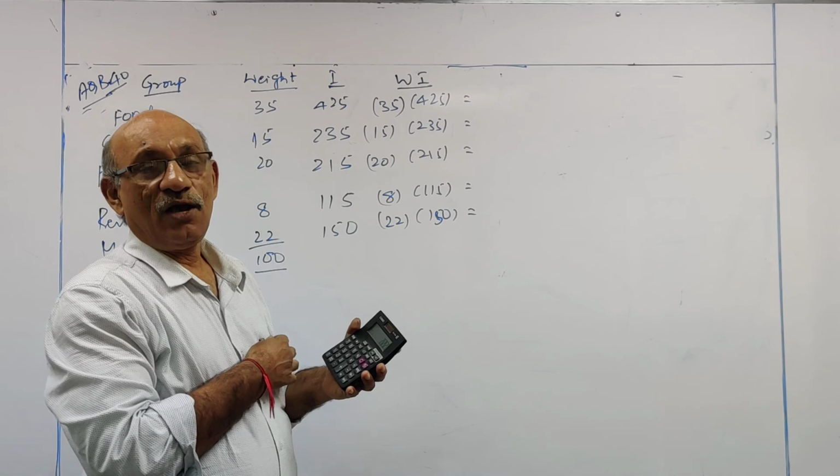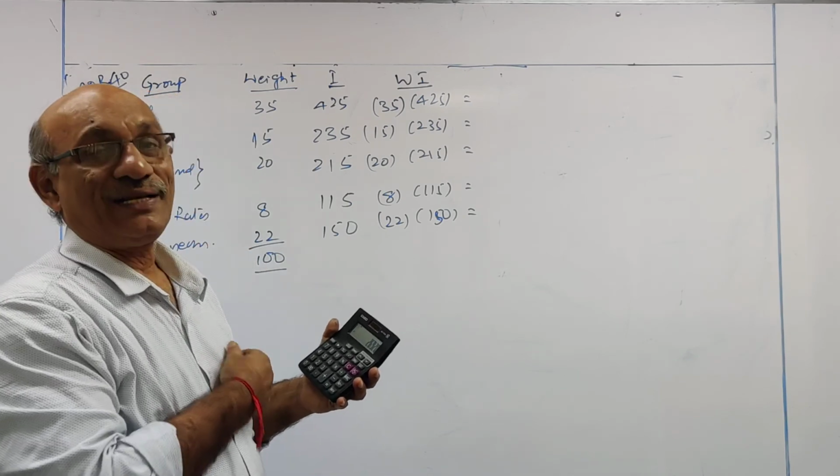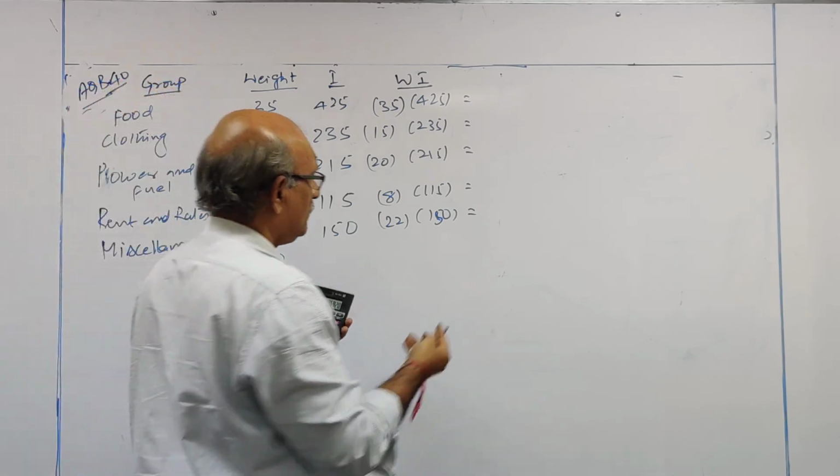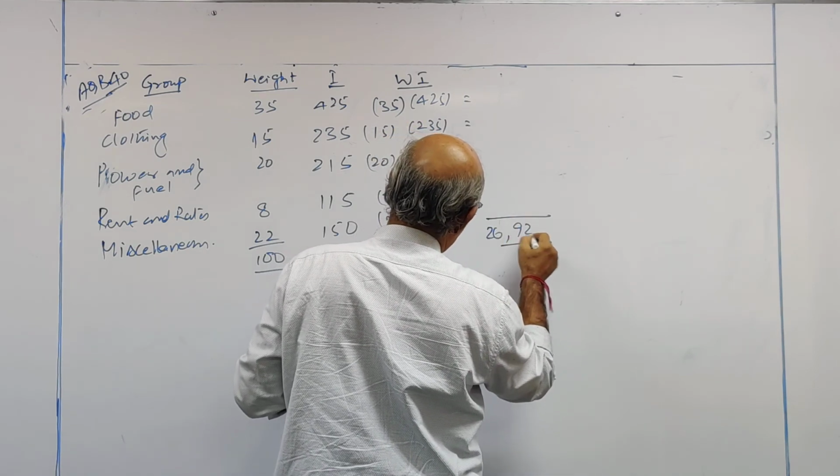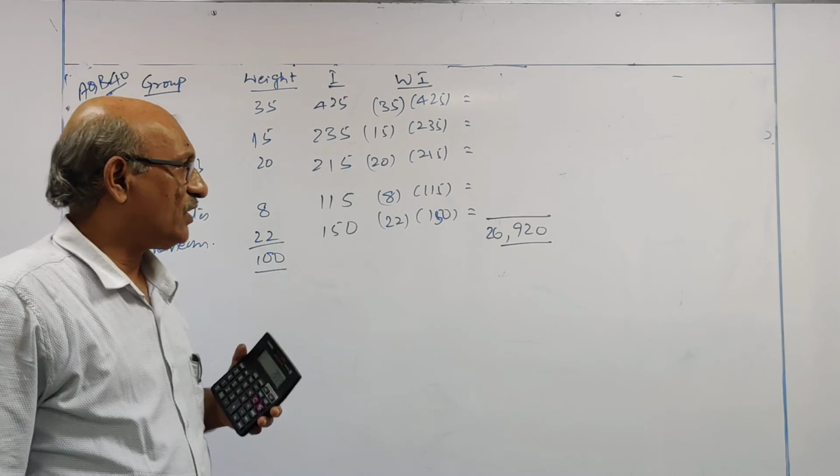Recollect memory. When you press MRC button, grand total is obtained. This grand total is 26,920.